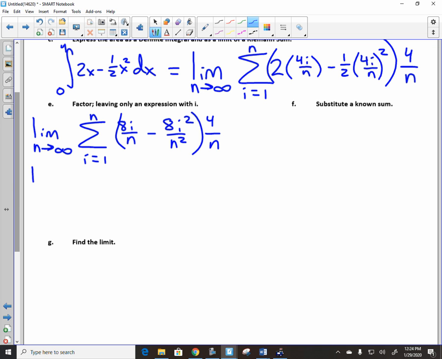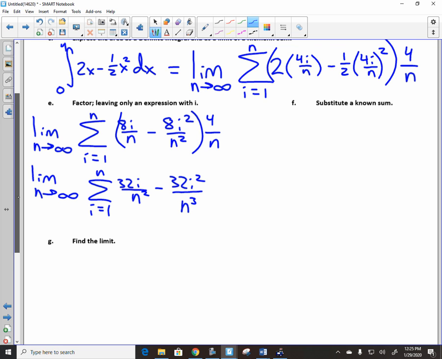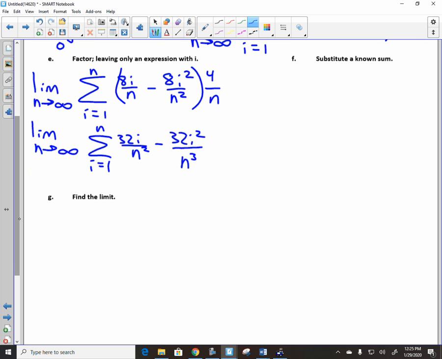So we get the limit as n goes to infinity of the sum from i equals 1 to n of 32i over n squared minus 32i squared over n cubed.